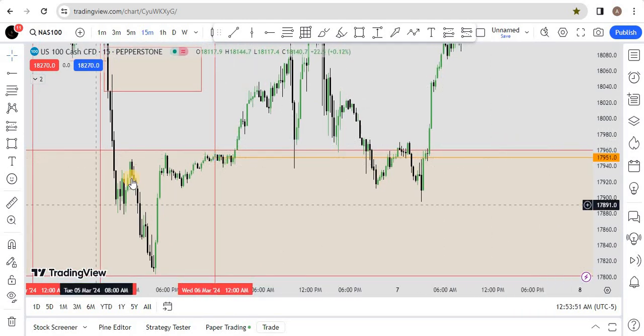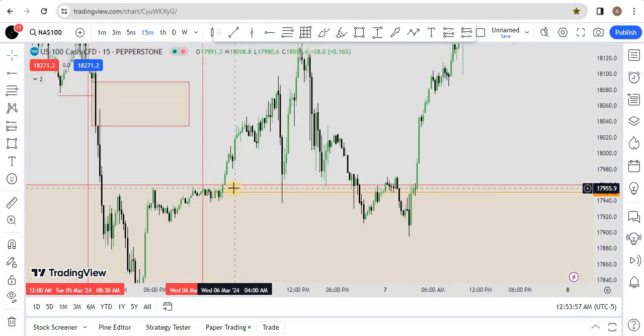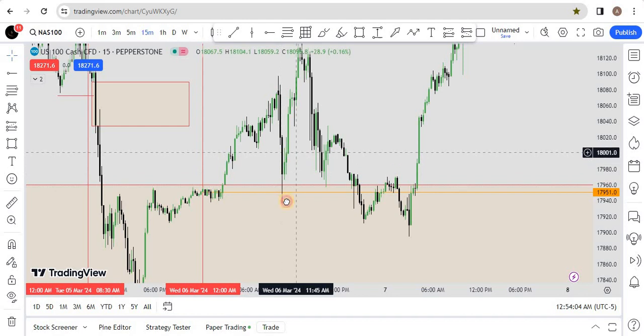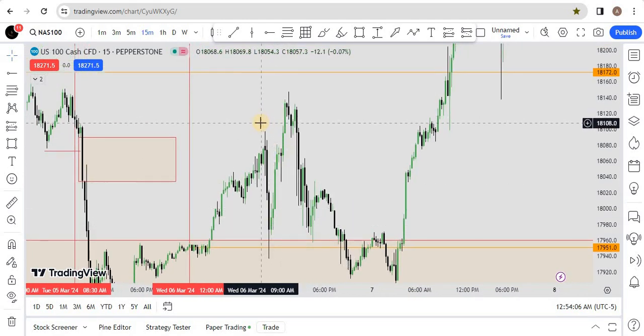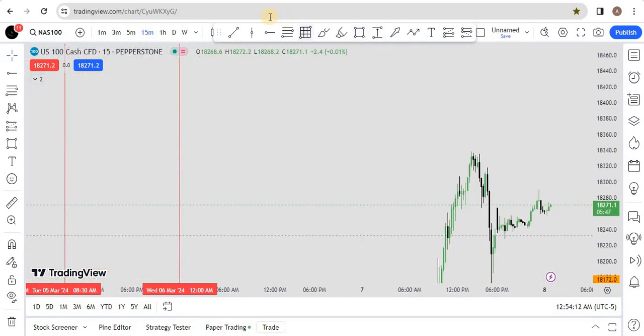You see here, price did not make a power of 3, but when the price touched this area where the midnight open is, you will see it shoot out. You have to write this on your notes as well, folks. Sometimes this happens.